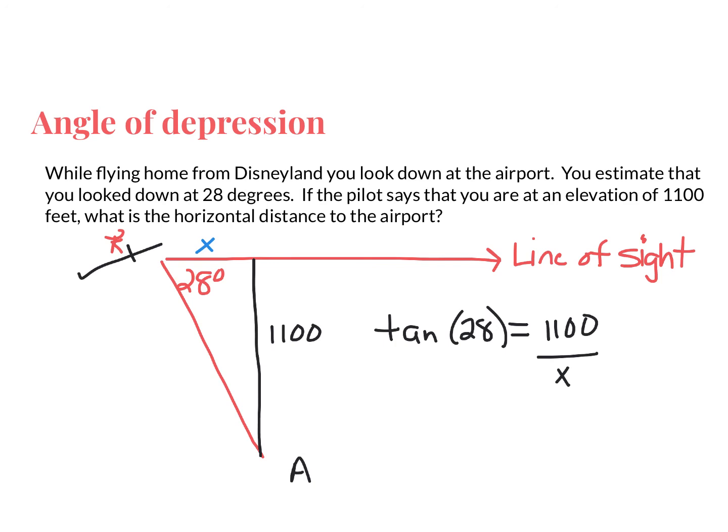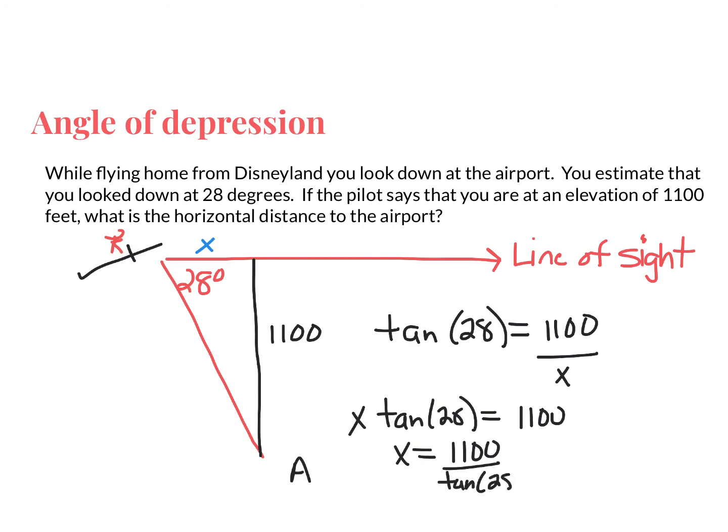Again, always cross multiply first to get rid of your fraction. I'm solving for x, so I'm going to divide both sides by tangent of 28. Type that in the calculator. And again, we're going to round this one to the nearest tenth. So we got 2068.8.